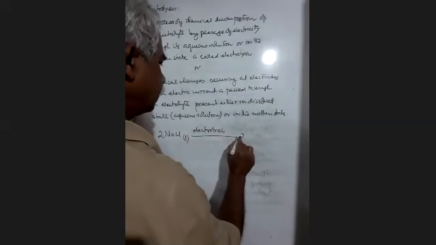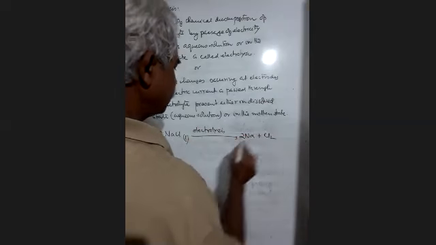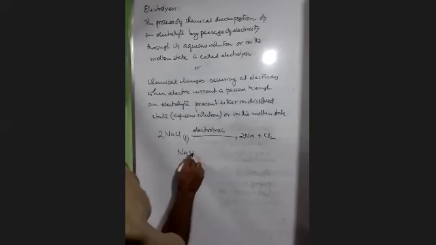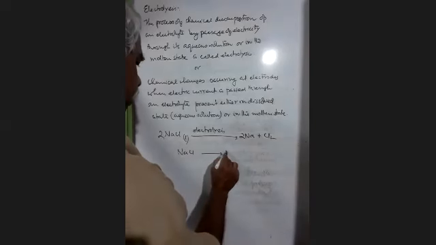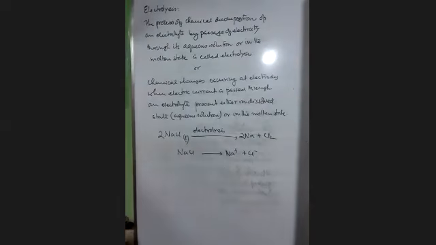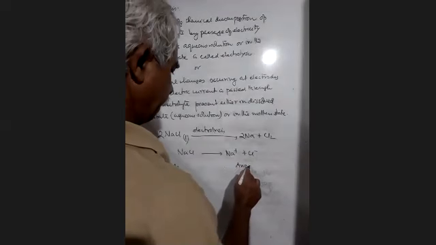So you get here now 2 sodium and Cl2. How does it happen? Sodium chloride in molten state ionizes. See, again by convention we are supposed to write the cathode first and then the anode, but I'll write the reaction of the anode first.